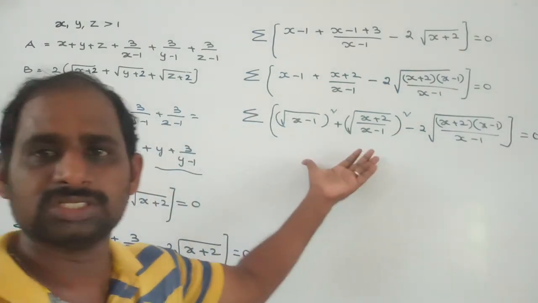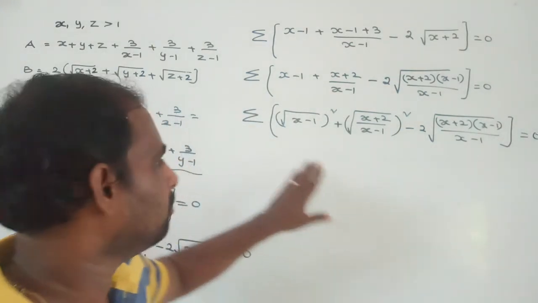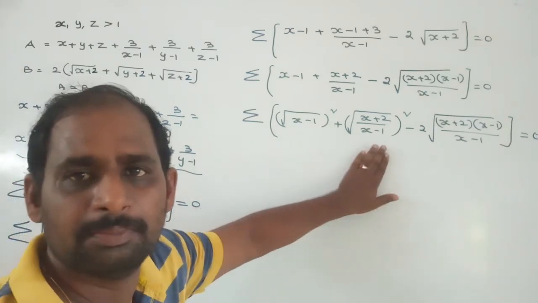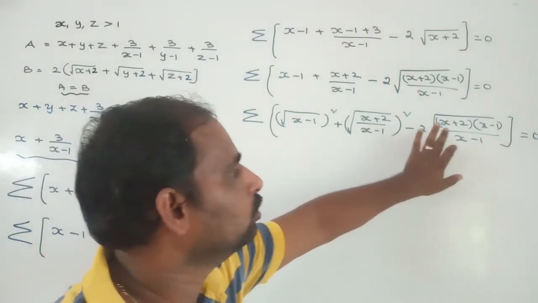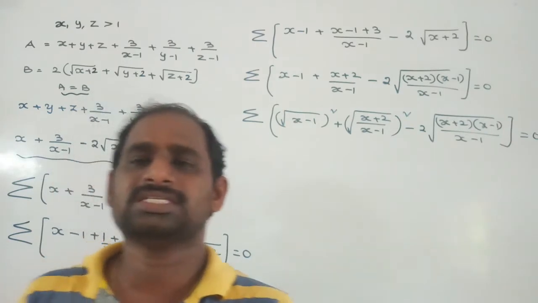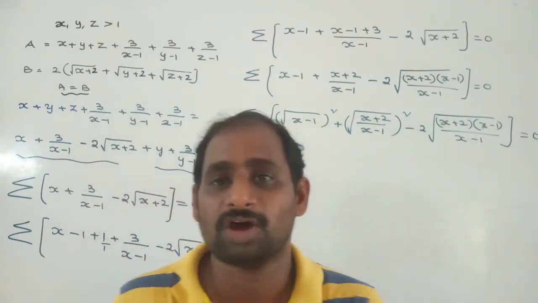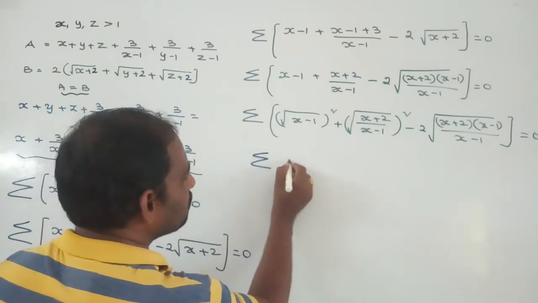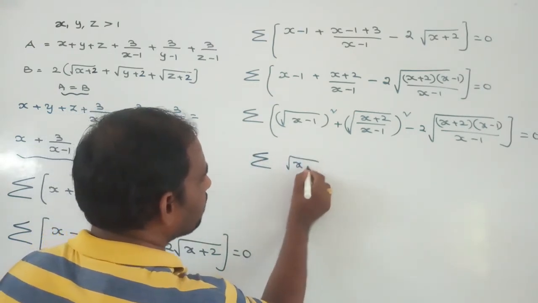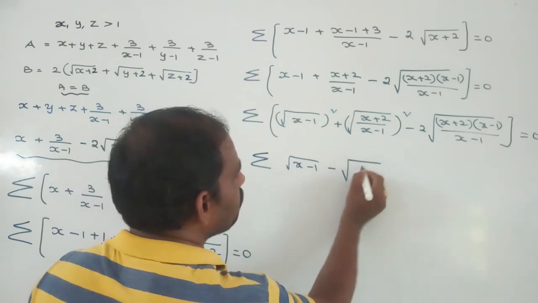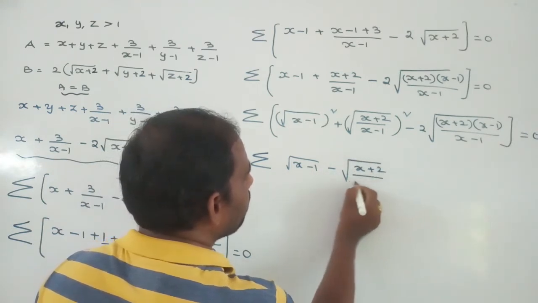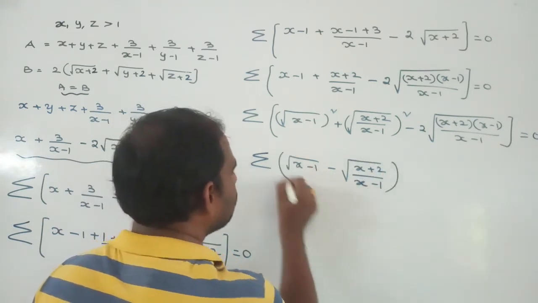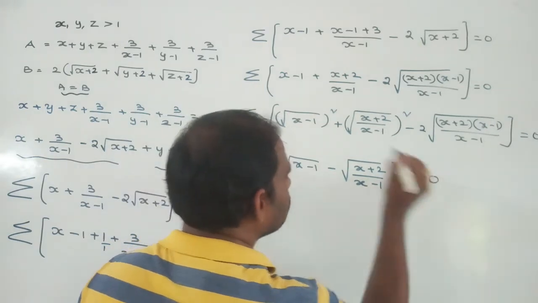Now if you observe this, it is clearly in the form of a square plus b square minus 2ab. So by the formula a minus b whole square, that is sigma of root x minus 1 minus root x plus 2 by x minus 1 whole square is equal to 0.